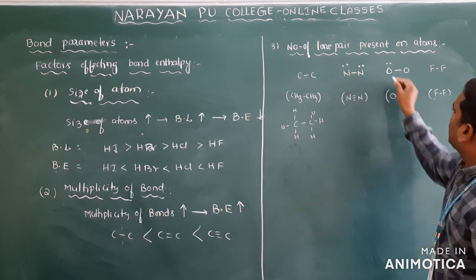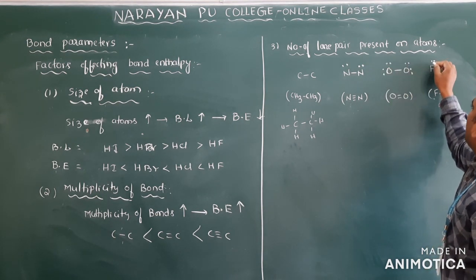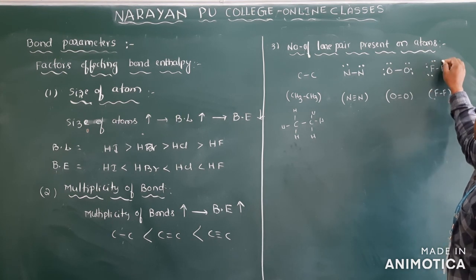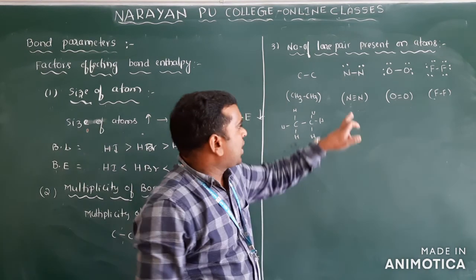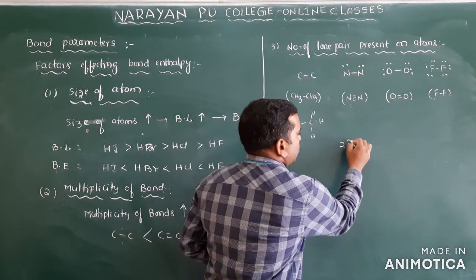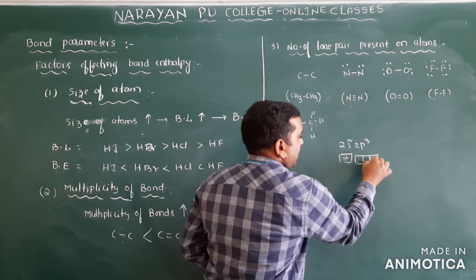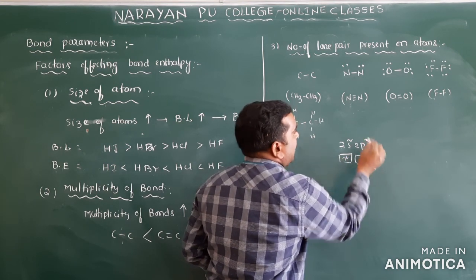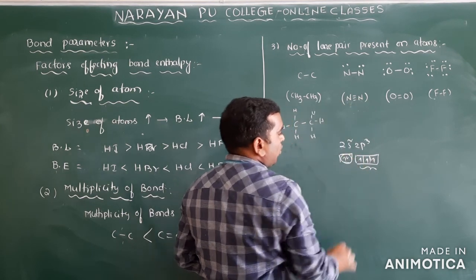Oxygen, when forming 2 bonds, will have 2 lone pairs. And fluorine has 3 lone pairs. Nitrogen is 2s2, 2p3. How many single electrons are there? 3 single electrons, so it forms 3 bonds, and 1 lone pair is there.